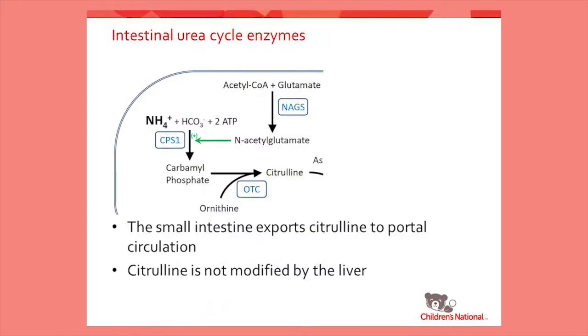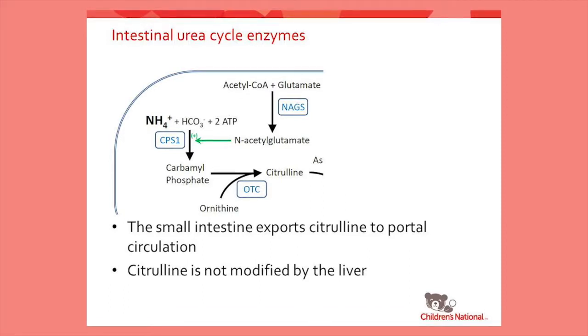So why is that important? Because these enzymes are present in the small intestine, and their role there is to export citrulline. In fact, it can consume some glutamine and generate citrulline to export through the portal circulation.